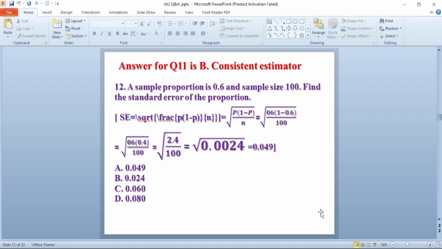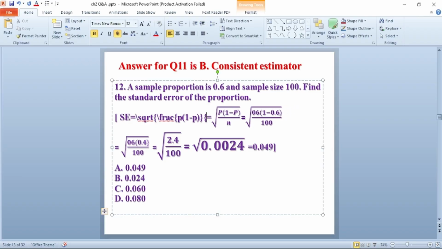Question number 12. The sample proportion is 0.6 and the sample size is 100. Find the standard error of the proportion. The standard error for the proportion is equal to the square root of p-bar times 1 minus p-bar divided by n.